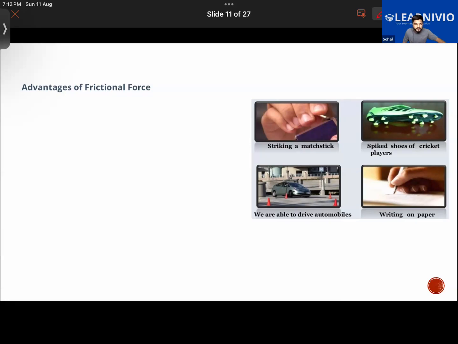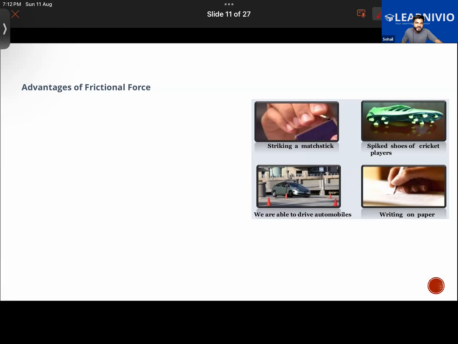Good. What else? Others also answer. Sir, can you repeat the question? The question is, what are the advantages of frictional force? We are able to write and draw on the paper. Very good. Good.